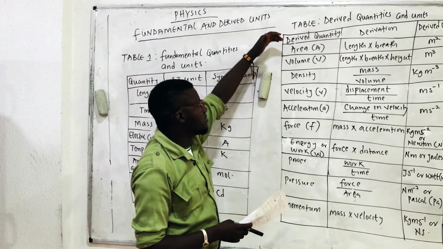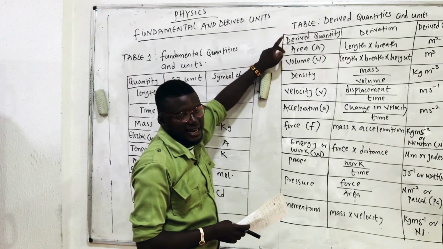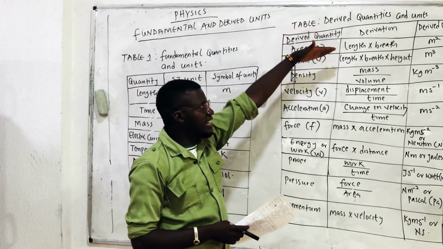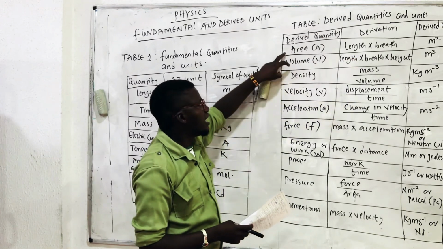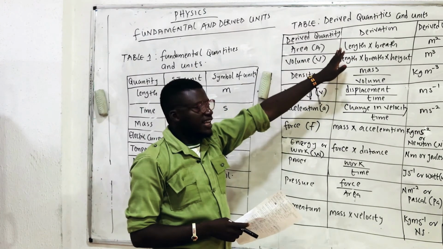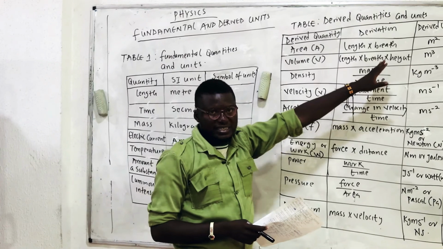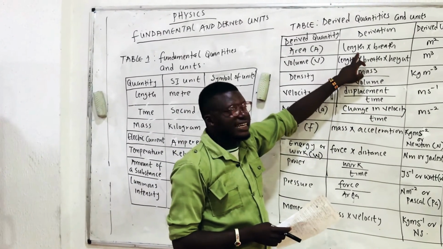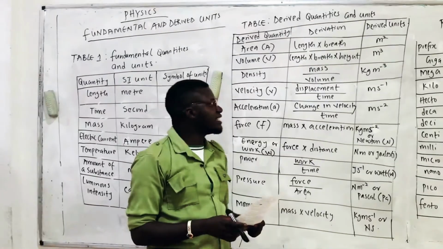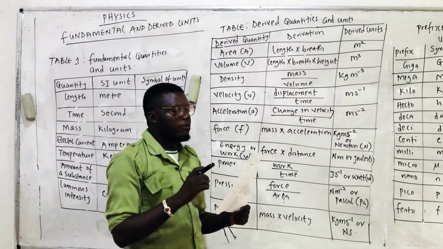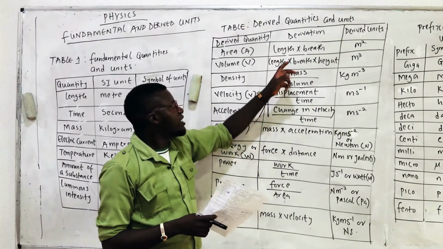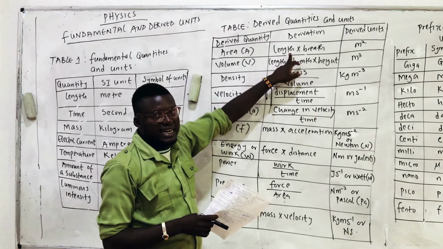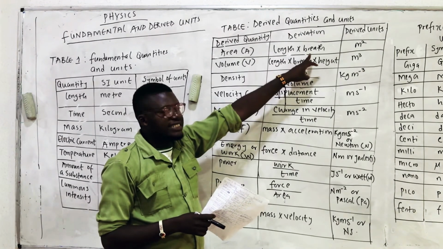So this is my derived quantity, my derivation, and my derived unit. I have area. Area is simply length times breadth. The length is a measurement and the breadth is a measurement of length also. The unit of length is meters, while the unit of breadth is meters.